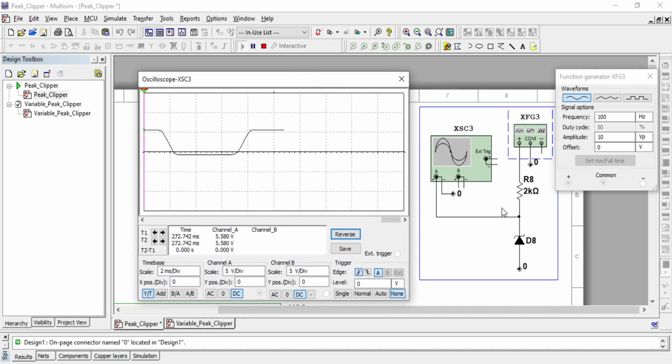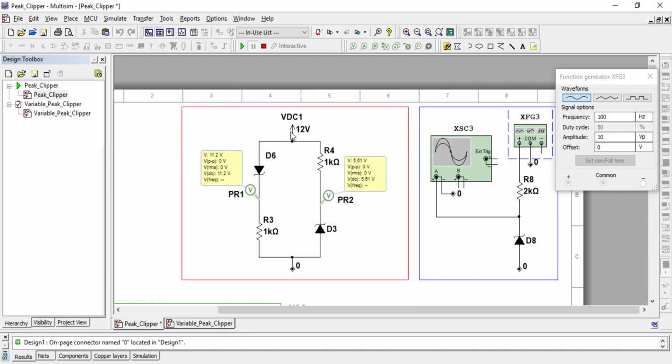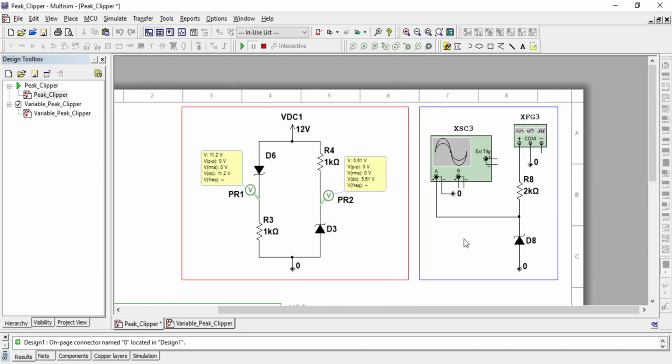At the output, in the junction between the resistance and the Zener diode, in the reverse breakdown we are getting somewhere around 5.575 or 5.58 volt, which is around 5.6 volt, and in the forward biased case we are getting 746 millivolt, which is 0.7 volt. In this way you can test your Zener diode's behavior.